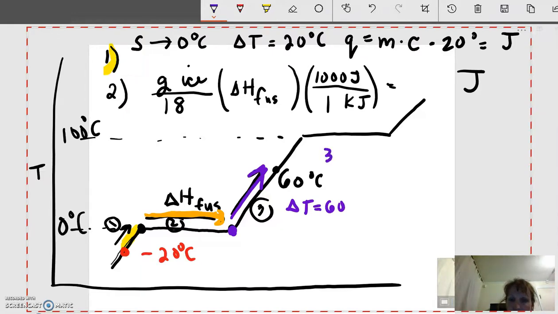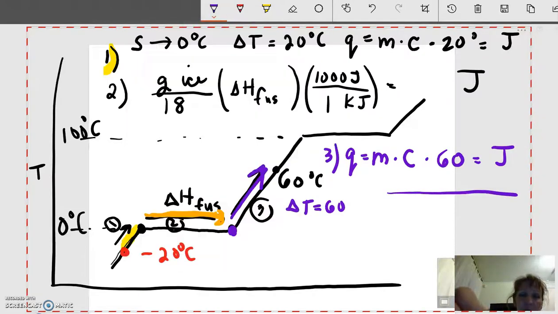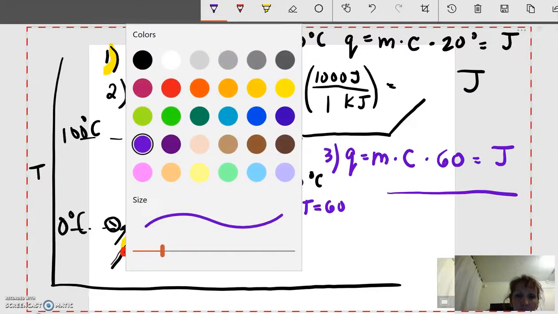So that requires, for step 3, a Q equation again, but this time the mass of the ice hasn't changed, but now it's just liquid. And C of water is what you need to use, and the change in temperature is 60 degrees. Okay, what will you get? You will get a total number of joules. How do you get the total heat? You add all 3 steps.